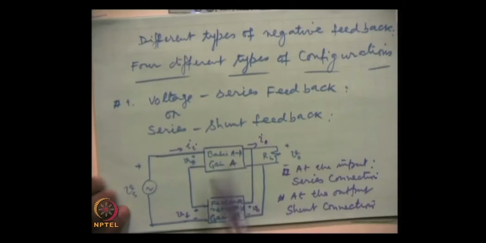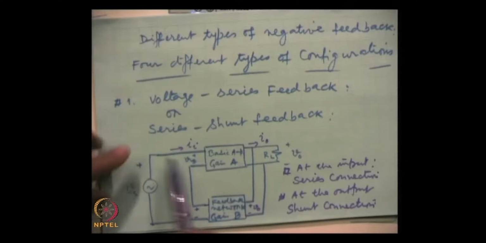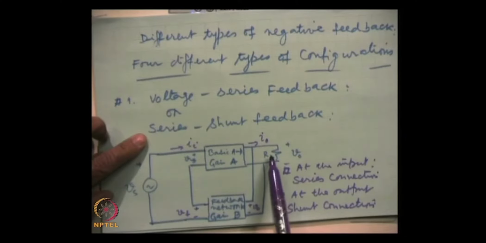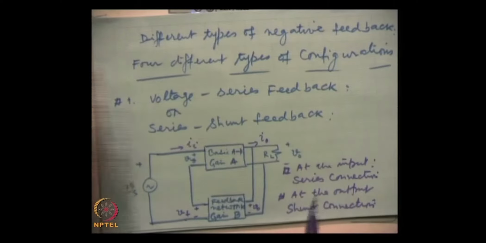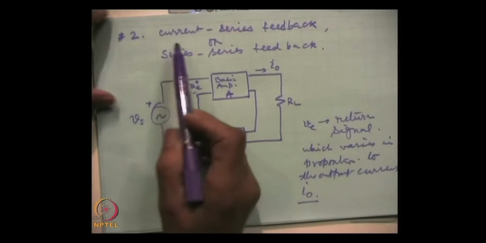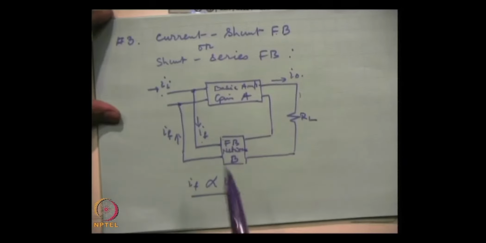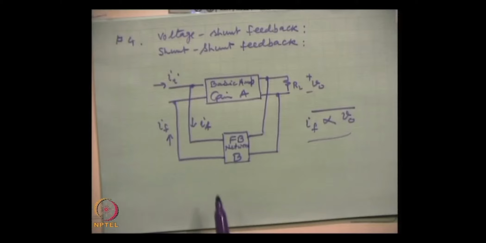This is the voltage series feedback, series at the input and shunt at the output, then current series feedback, current shunt feedback, and the fourth one is voltage shunt feedback. So, 2 possibilities with current, series and shunt, and 2 possibilities with voltage, shunt and series.